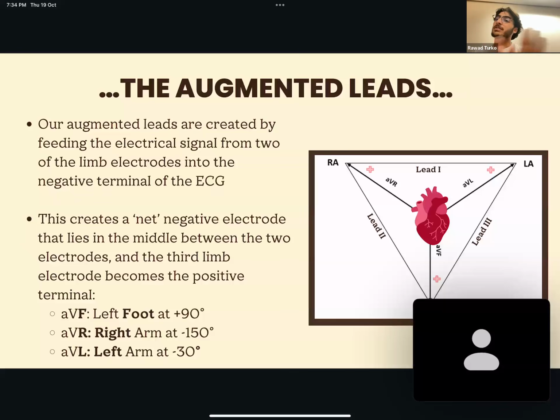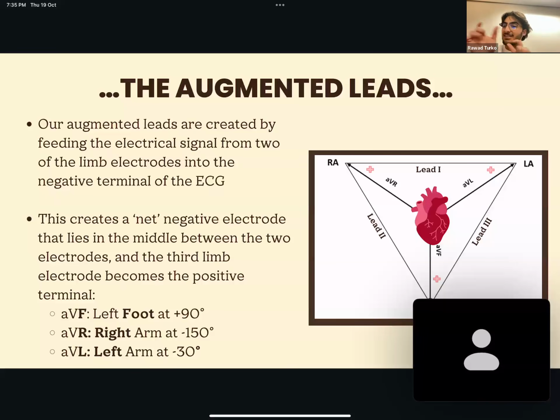Our positive one is still one electrode, but our negative one is fed through two negative leads into one negative terminal. This creates a net negative electrode that lies in the middle between the two electrodes, and the third limb electrode becomes the positive terminal.